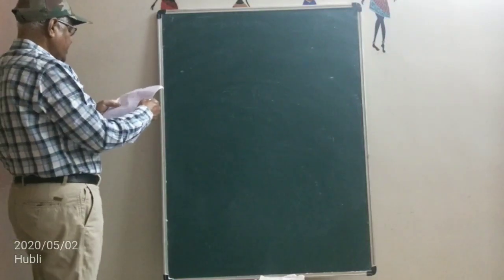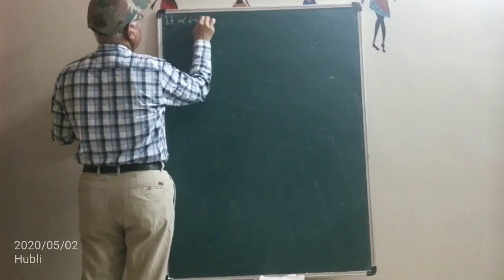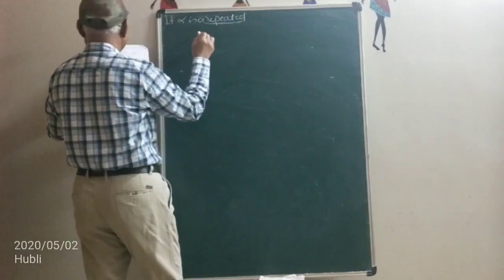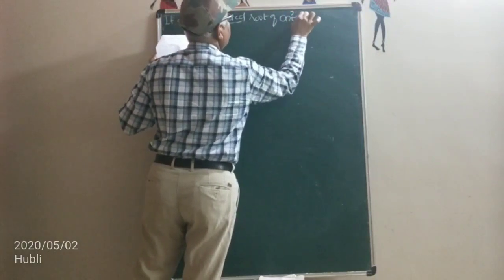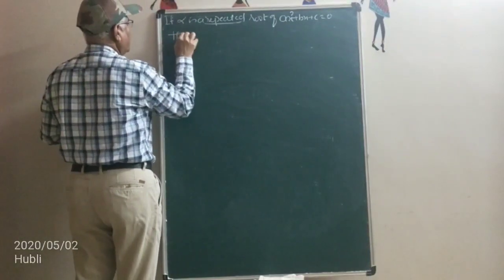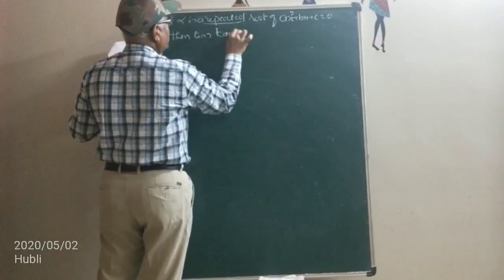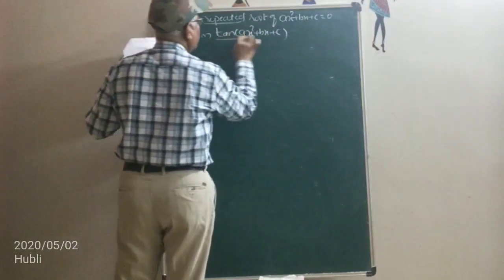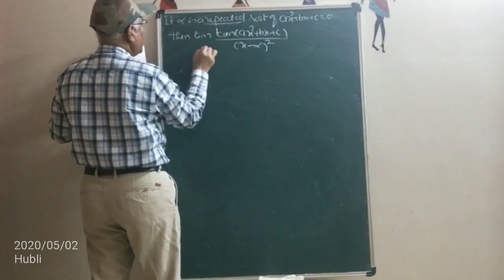Now next example: if alpha is a repeated root of ax square plus bx plus c equal to 0, then limit of tan of (ax square plus bx plus c) divided by (x minus alpha) whole raised to square as x tends to alpha.